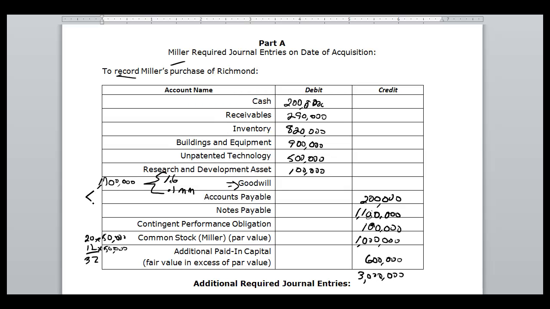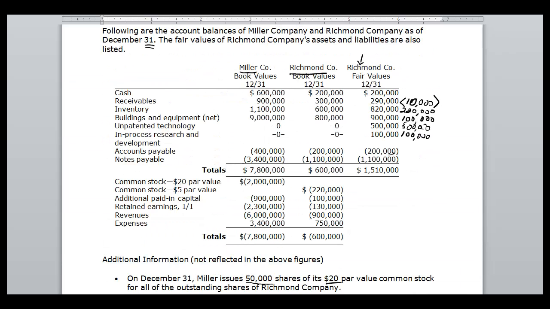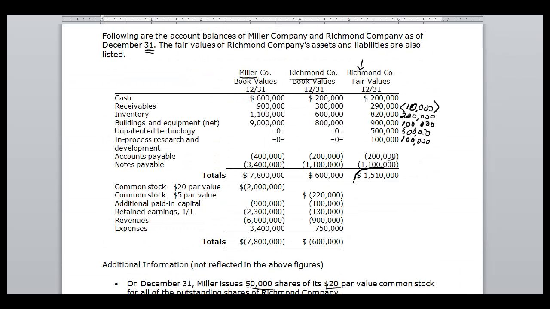Now, what is it that we bought? Well, we bought $1,510,000. And what is $1,510,000? If I go back up, there's my $1,510,000. That is my market value of the company.